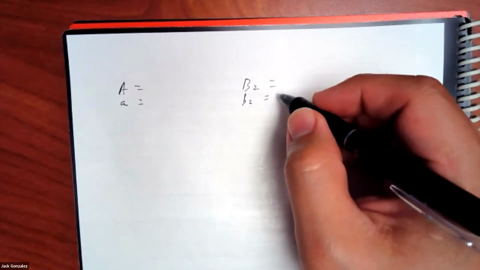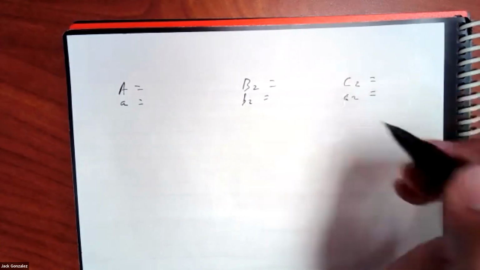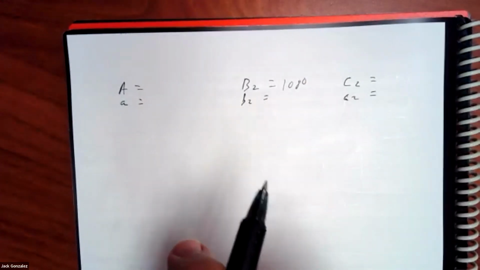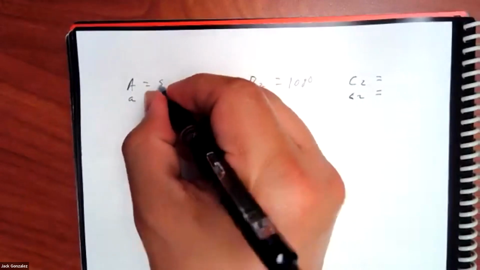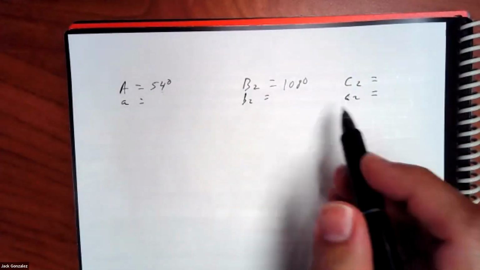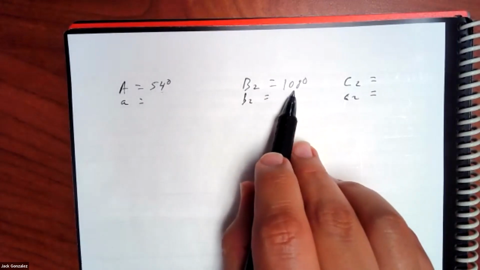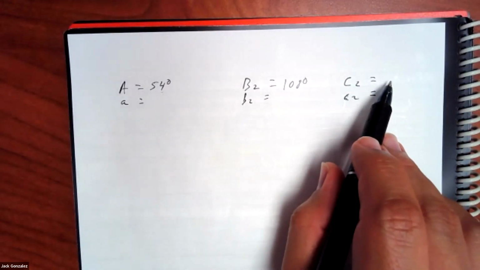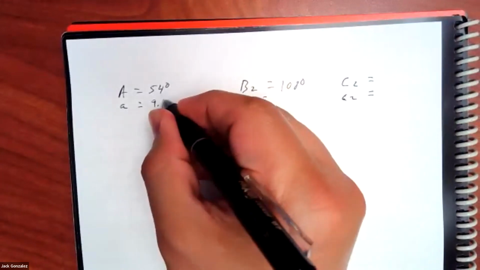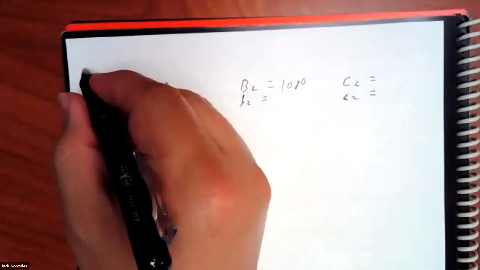B2, capital B2, 108. And the original A was 54. Okay, so this one's not going to change. This one was the other solution, which will then change this one, right? So you can find C2, no problem. Little a will stay the same. This is triangle 2, by the way.